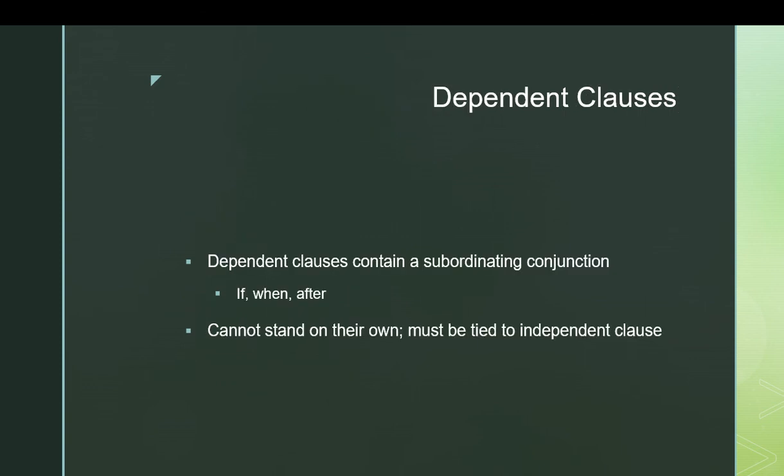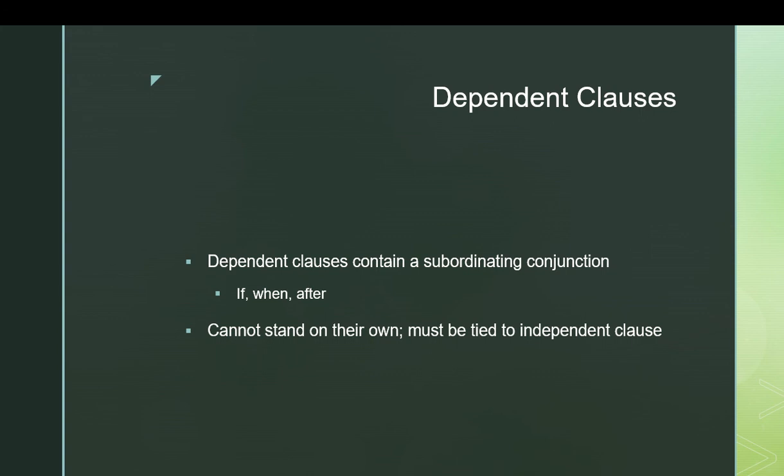Dependent clauses are a clause, so you have to follow those rules, but they begin with a subordinating conjunction. These include the conditionals like if, or the conjunctions of time like when or after or during. And they cannot stand on their own.